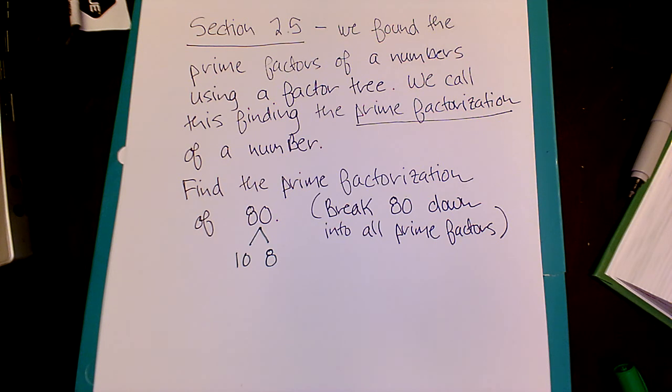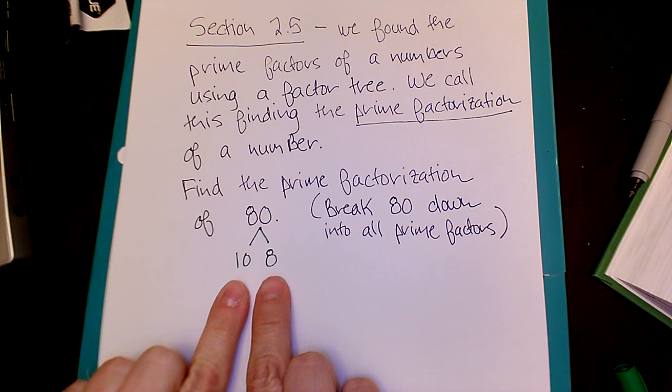If you have two other factors you want to use, like 2 times 40 or 20 times 4, there's a bunch of factors you could use. But remember, you cannot use 1 and 80. You cannot use 1. So use whichever two you want. We're all going to get the same answer in the end.